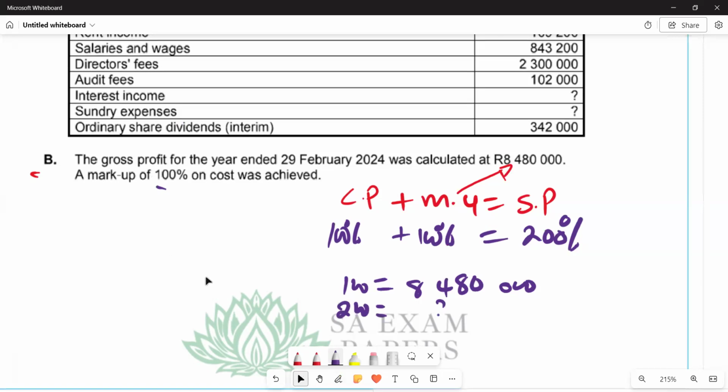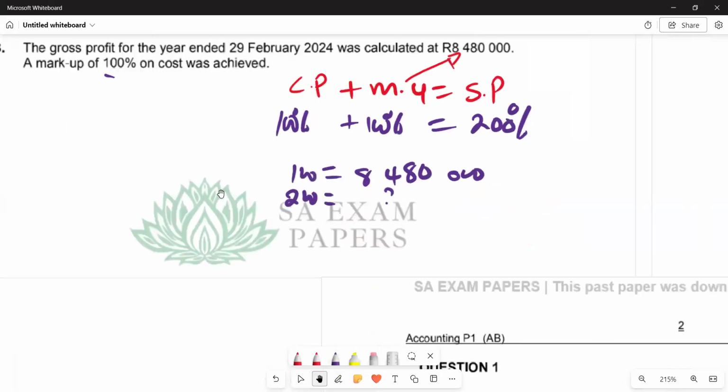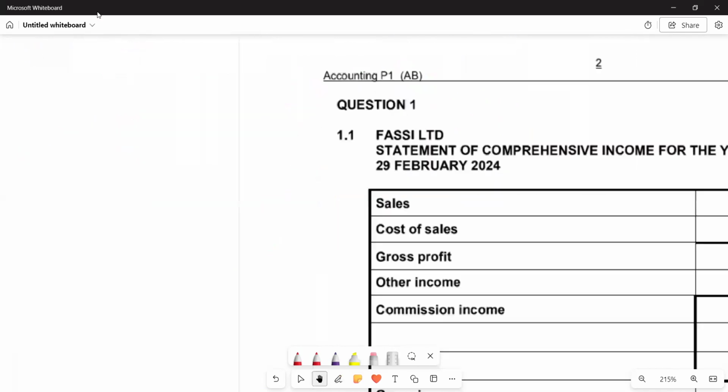We use simple proportion: 200 over 100, multiplied by the given figure, 8,480,000 over 1. If you calculate correctly, you should get 16,960,000.